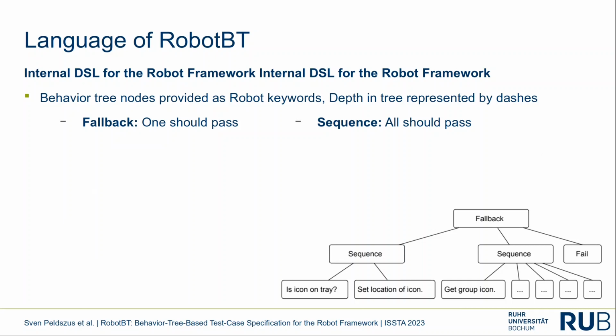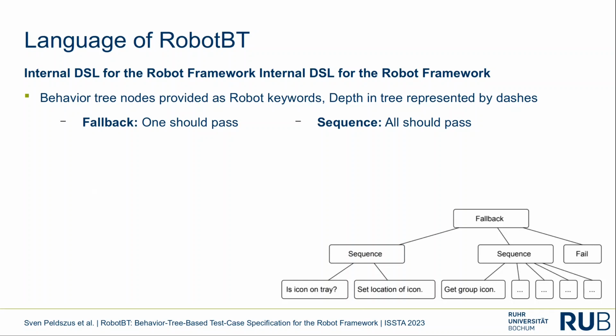So these fallback and sequence nodes, for example, are keywords that are provided by our RobotBT extension to Robot Framework. So it's a library. And a fallback node, for example, would be a keyword one should pass, and a sequence node would be a keyword all should pass. And then what should be executed is handled as these additional parameters.